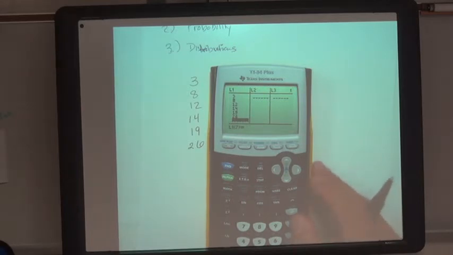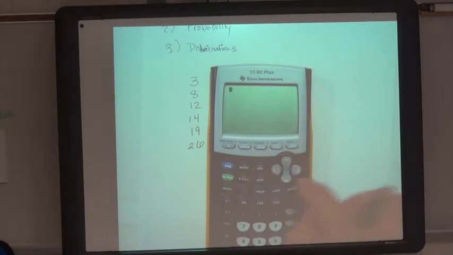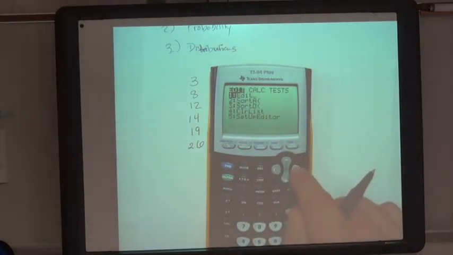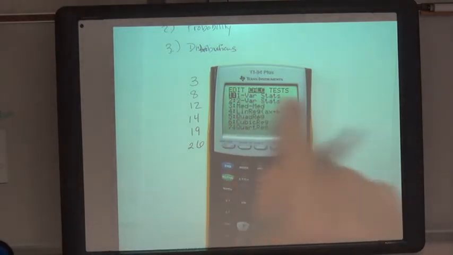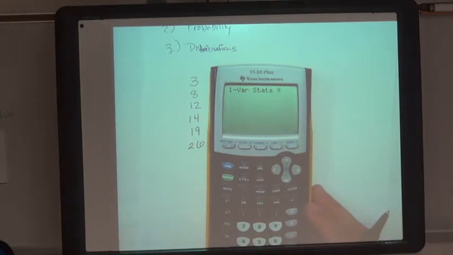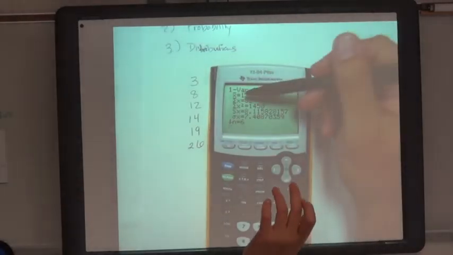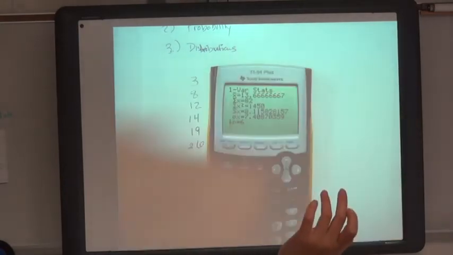And then you quit out of there, you go stat, calculate, which is the middle menu, 1 variable stats, the very top one. Okay? And the default's list 1. Everything's there. What's X bar at the top right there? Mean. It's the average.